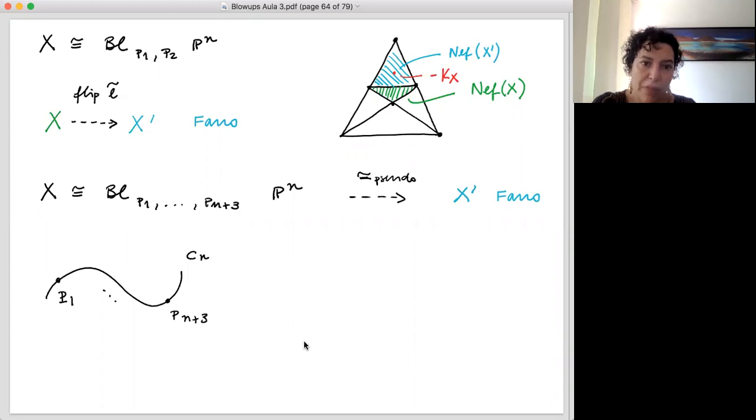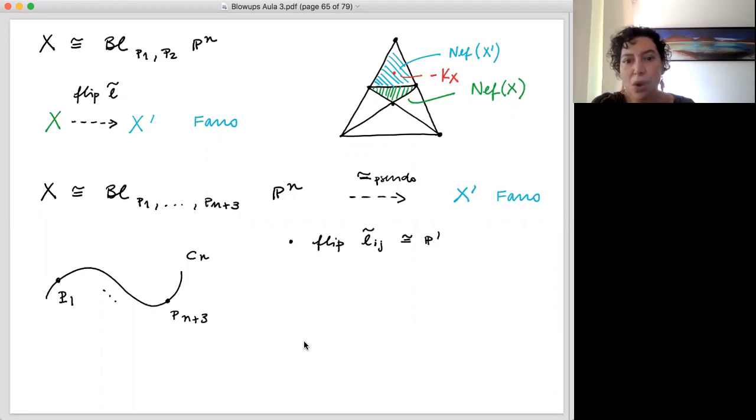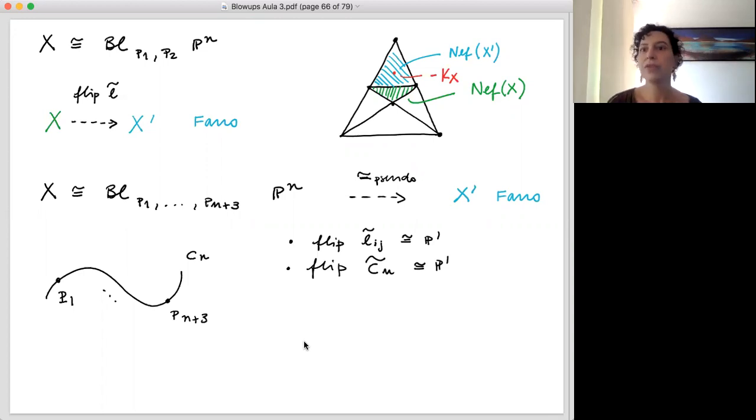In order to describe the funnel model, this is what we do. First of all, for every pair of points Pi, Pj, I can flip the strict transform of the line passing through them. I will flip all of them. And once I flip all the lines, I will also flip the strict transform of the rational normal curve through the n plus 3 points.